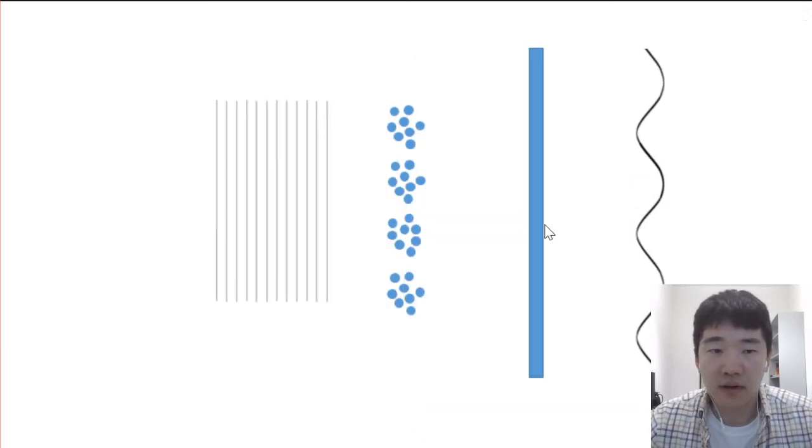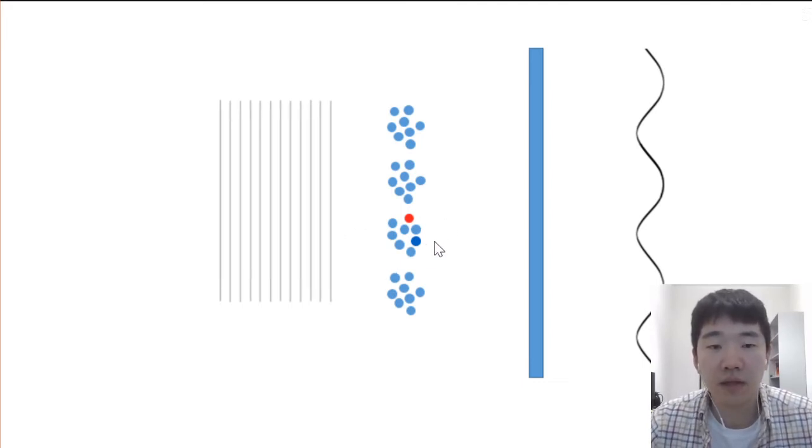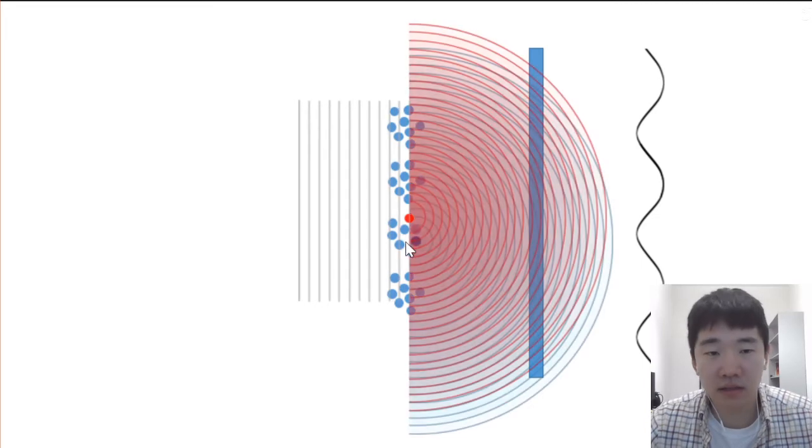So let's imagine another case. This is not the nearest neighbor. Let's say this is the second nearest neighbor. There are only two atoms scattering from the incoming plane wave. Then everything is actually the same. The only difference is the distance between the scatterers.